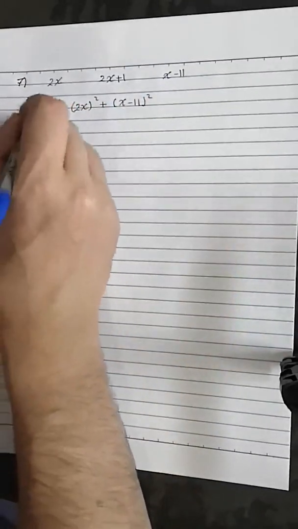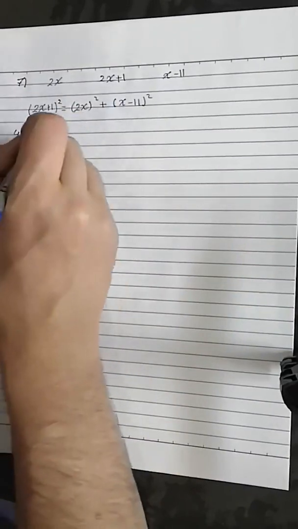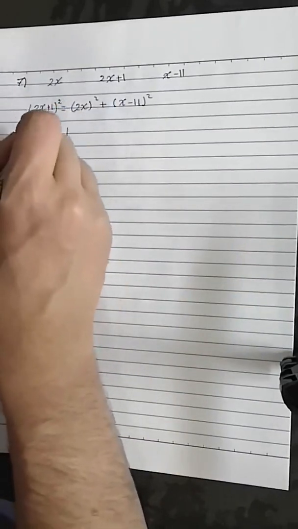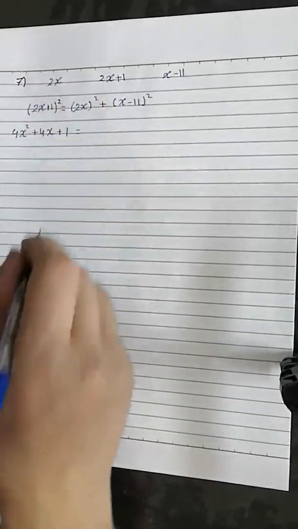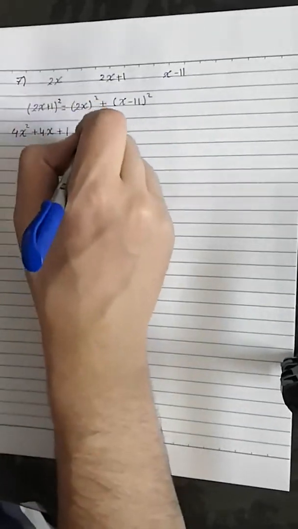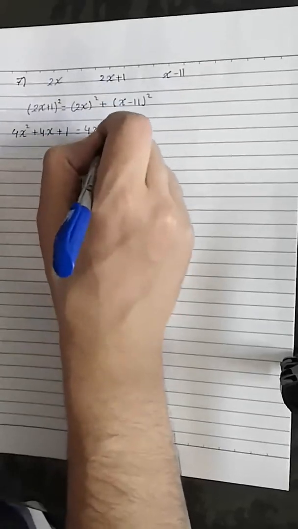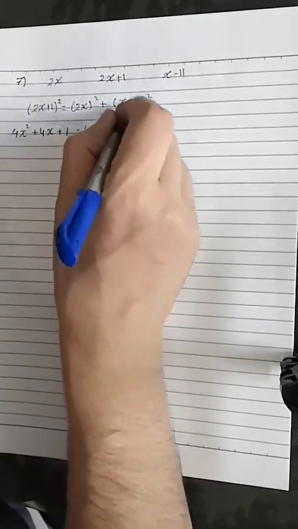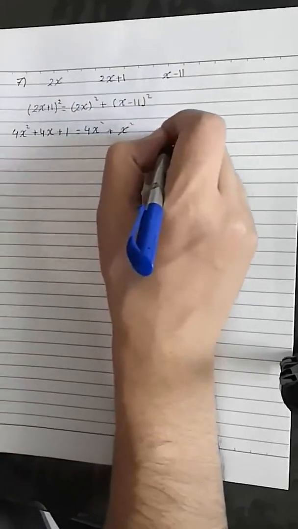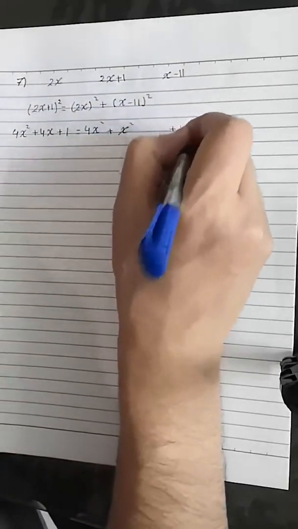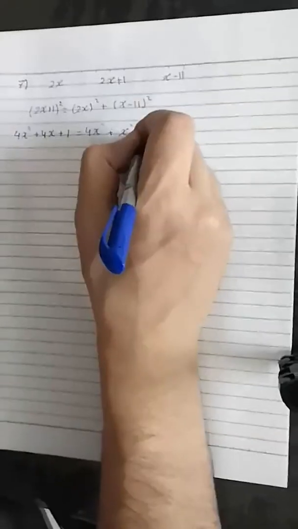The first squared is 4x squared, the second squared is 1, first times second times 2 is 4x. Equal, here distribute the power, it will be 4x squared plus, expand this bracket: first squared, second squared, first times second times 2.